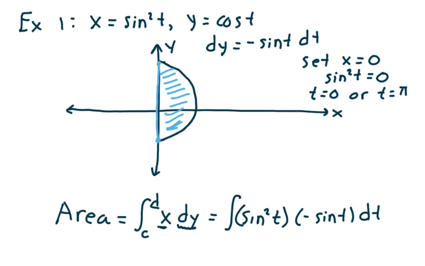Okay? Now, why didn't I choose 2 pi? Because when t is equal to 2 pi, we have x equals 0 and cosine of 2 pi equals 1, so y would be 1, which means you're going to be dealing with this point up here.